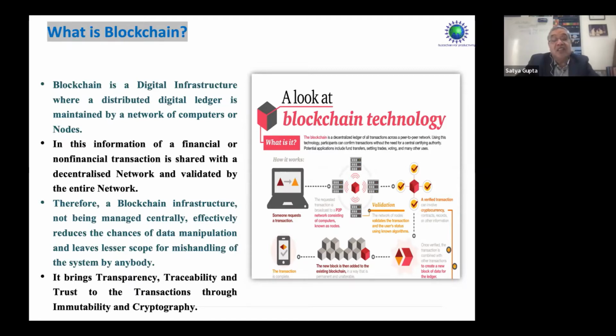And how does it do it? It does it through immutability and cryptography. Cryptography is the key here in the blockchain. Though it is a distributed digital ledger technology, its main ingredient, or main tool used here, is cryptography.